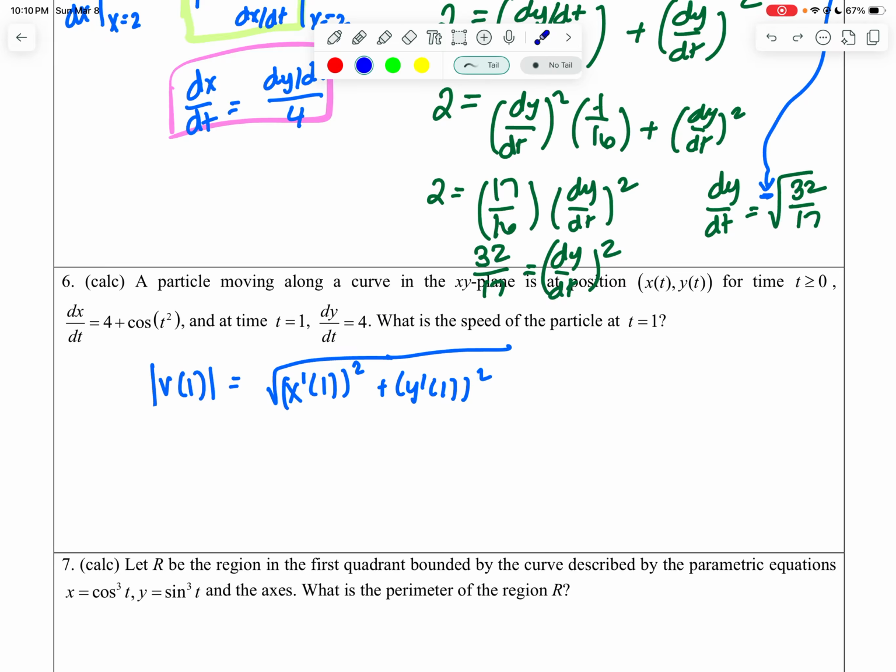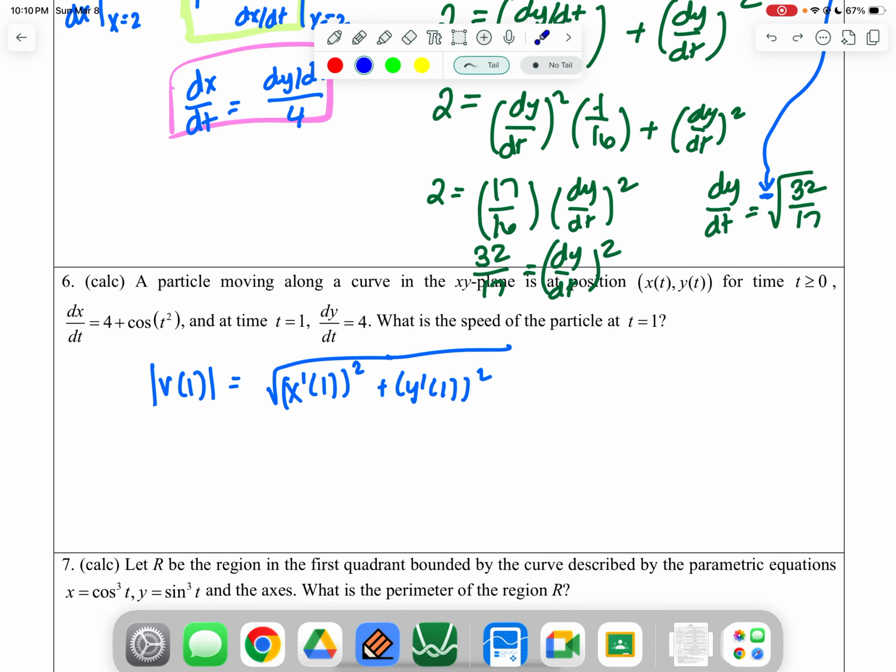That's fine. Now, lucky for us, we don't have to take derivatives because both dx/dt and dy/dt are given to us.